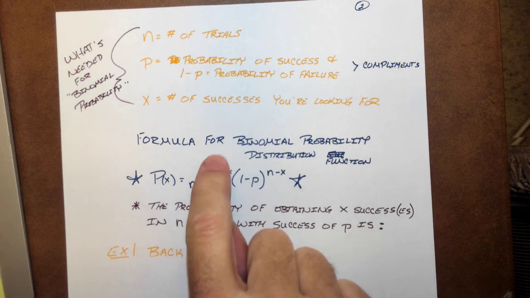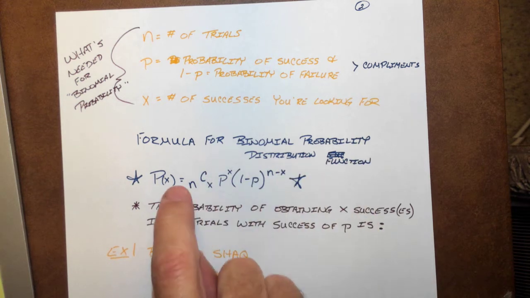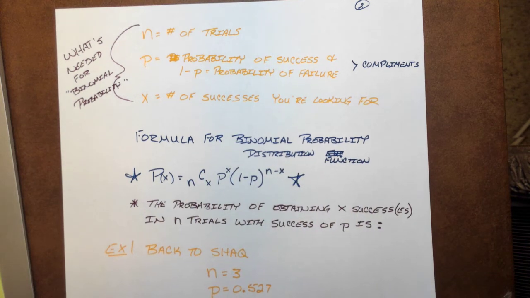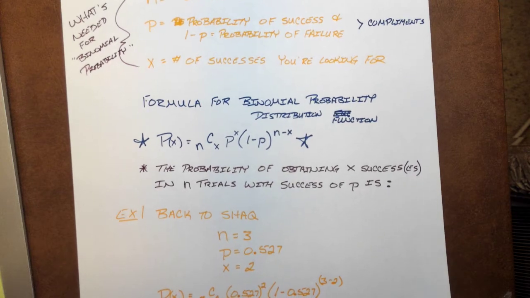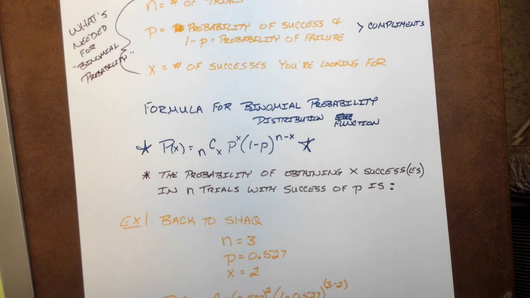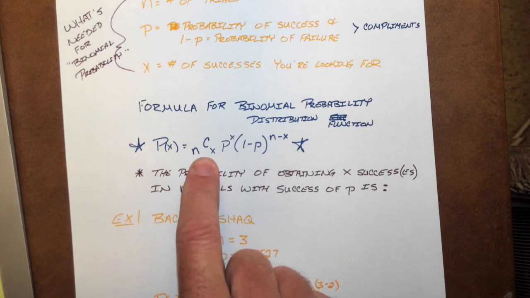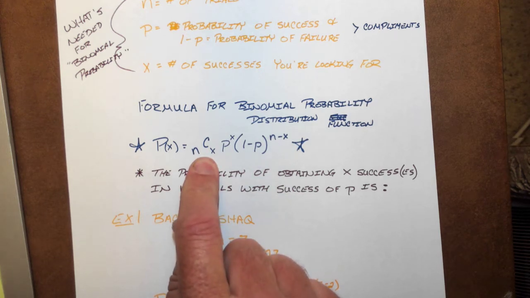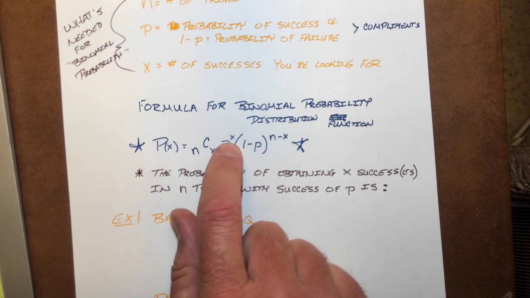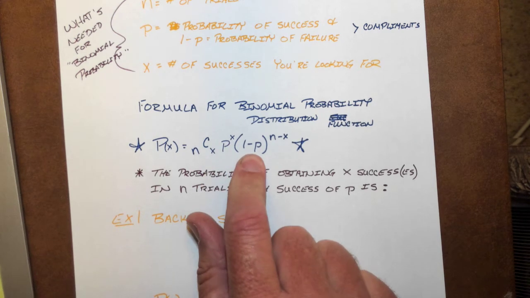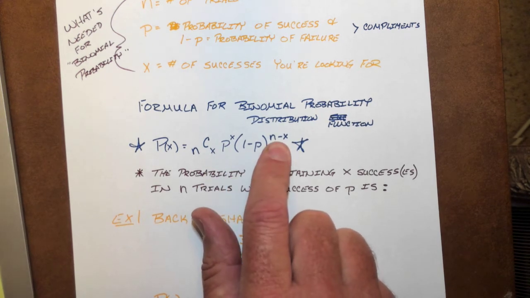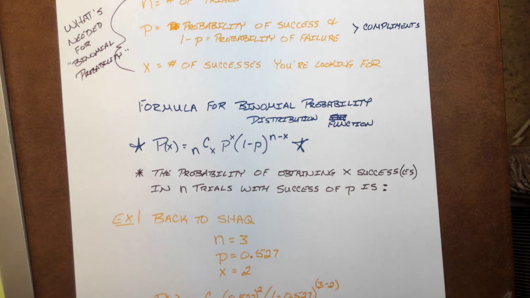So our formula for binomial probability distribution is this. It looks somewhat complicated, somewhat complex. It isn't. It takes a little bit in terms of steps, but it isn't. We got our combination, so our calculators will help us there. That's the probability raised to the power of x. There's the complement raised to the power of n minus x.